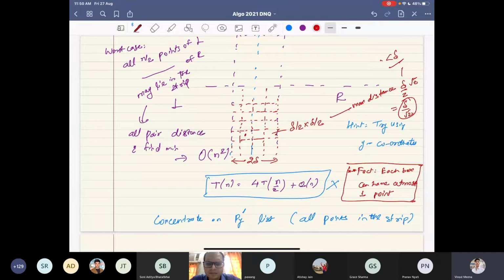Okay. Boundary condition is not so problematic here because we have taken a much stricter version. This is less than delta by square root of 2, so even if you see the boundary, it's not a problem. Now let's say the simple case: the point is not at the boundary, it is in one of the boxes. Then how many boxes do I have to compare this with?